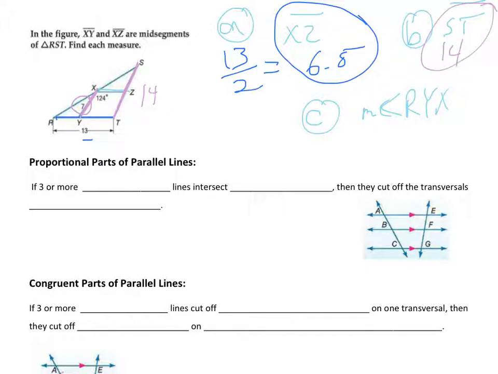Now remember that midsegments are also parallel, and this next question has us looking for RYX, which is this angle right here. If we're looking for that angle, remember that this line is parallel to this line, so what we have right here are alternate interior angles, and they're congruent to each other. So that measure is the same as 124 degrees.